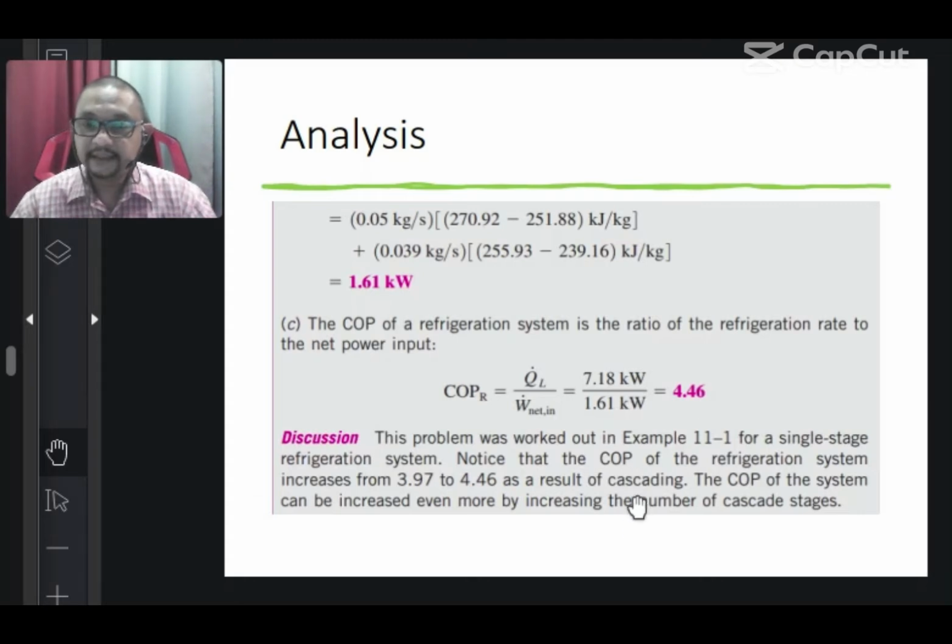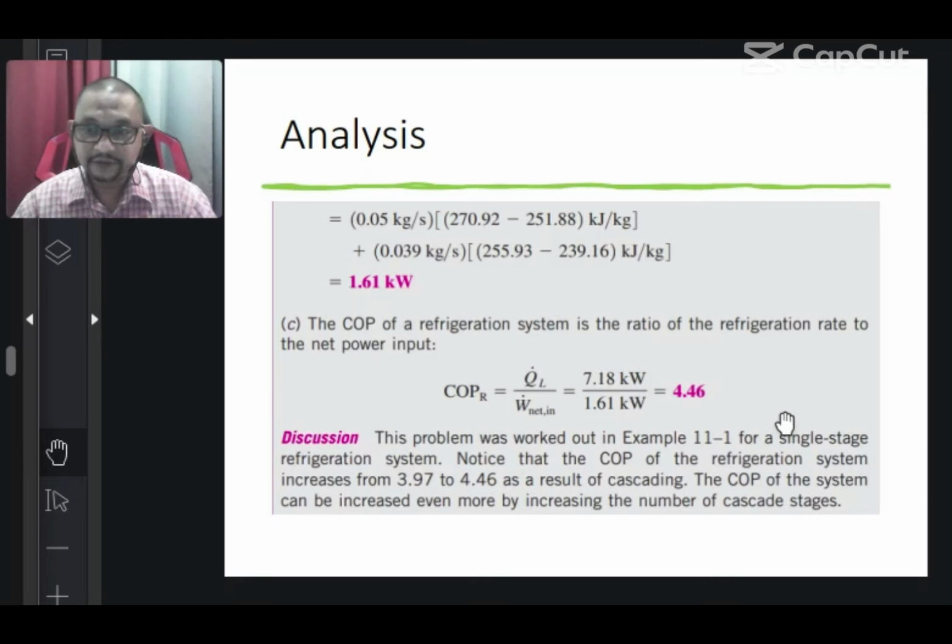Okay, so as the comparison, the earlier example 11.1, the ideal vapor compression refrigeration cycle without modification for the single stage refrigeration system, what we noticed here is the COP increased from 3.97, from the earlier first stage without modification, to 4.46 as a result of cascading.